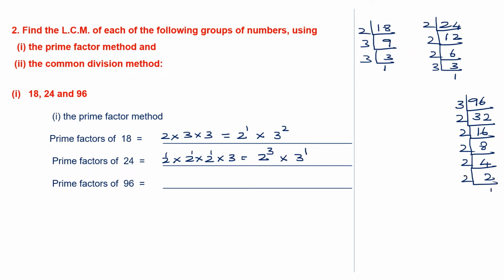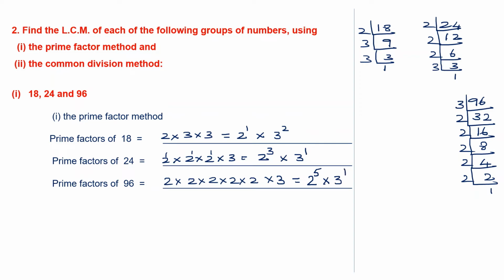And 2 1's are 2. Now let's write the prime factors of 96. There are 5 2's. So let's write that 1, 2, 3, 4 and 5. And then there is 1 3. Now let's put this in the index form. How many 2's are there? 5. So that will be 2 raised to the power of 5 and 3 raised to the power of 1.